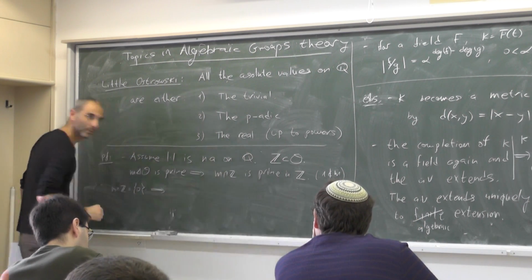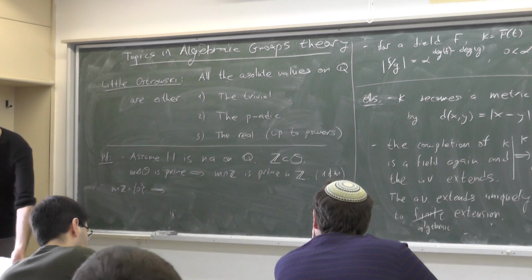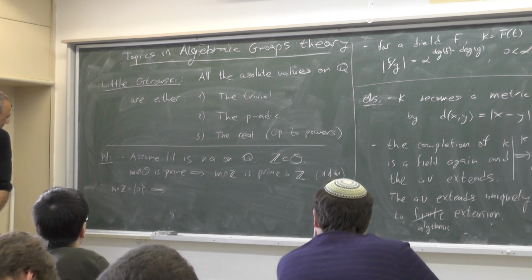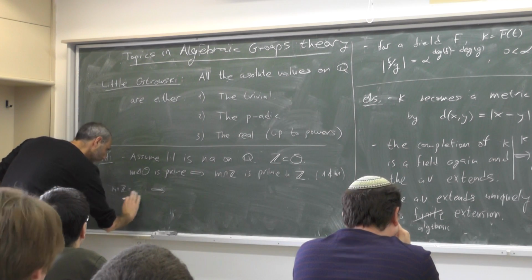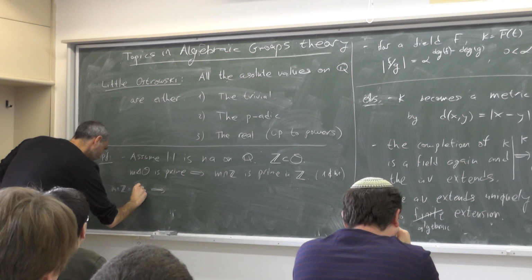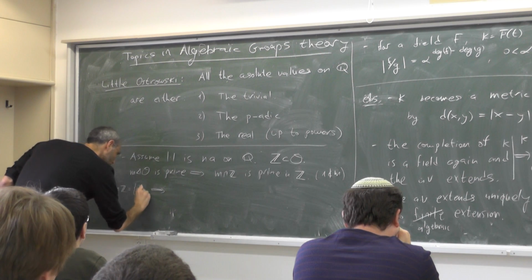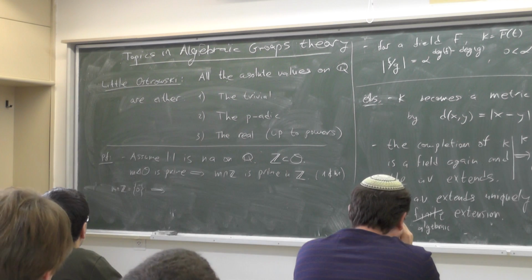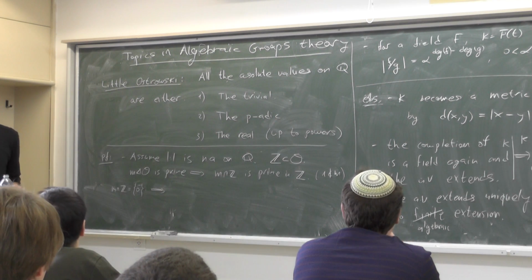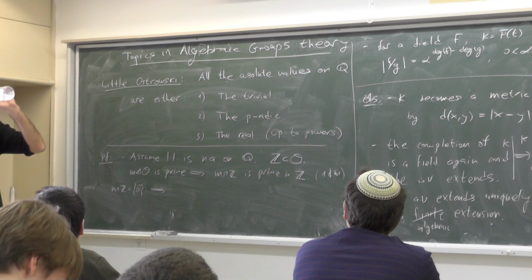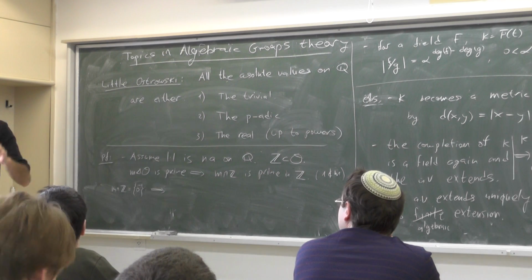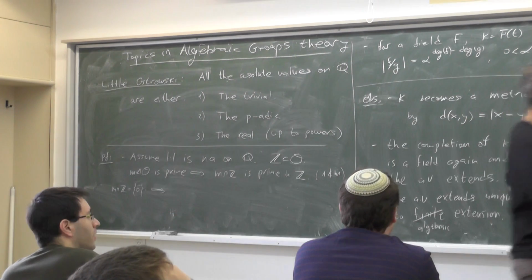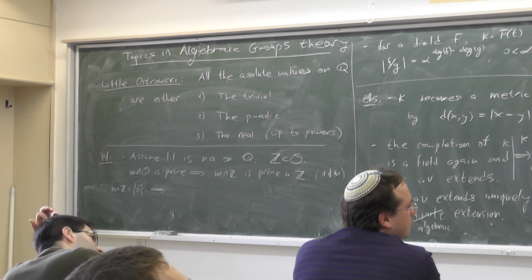If this is the case, then what can we say? Oh, sorry. No. This means that all the integers are in O but not in M. They satisfy this equality here.